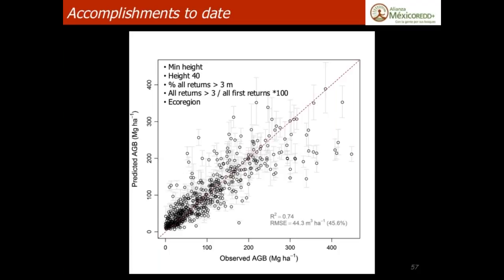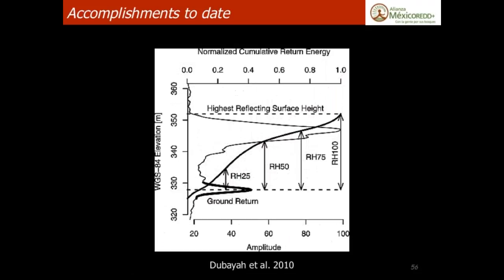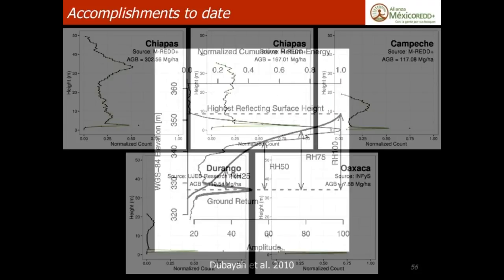We have to turn these profiles into variables, predictor variables, that we can use in a regression equation. Okay? And we call these variables metrics. They're simply ways of describing what we see here. Think of this as a function, and we want to describe it.